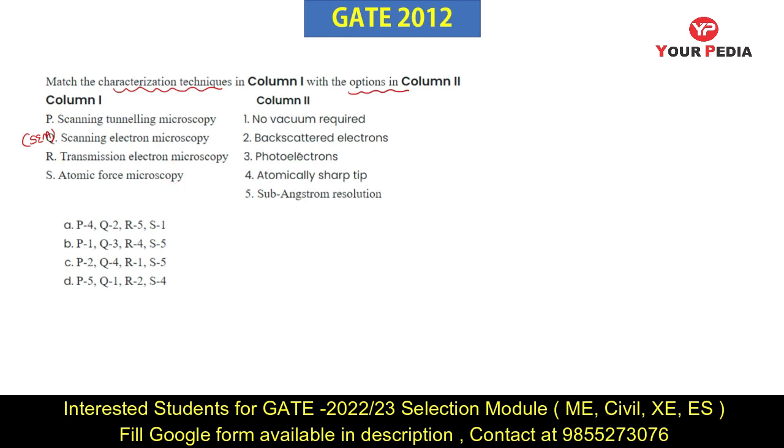The options are: no vacuum is required, back scattering electrons, photoelectron, atomically sharp tip, sub angstrom resolution. So which of the quantities in column number 1 is used in column number 2, like no vacuum is required in which of the following methods, that we have to match.